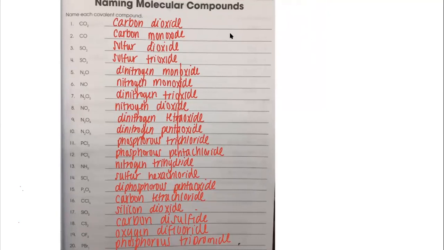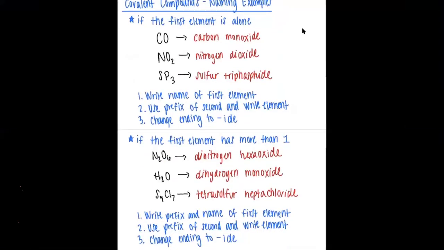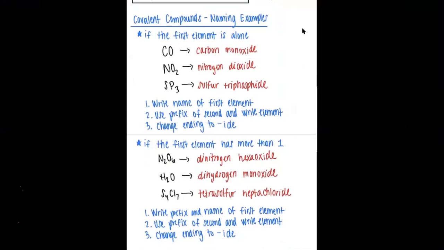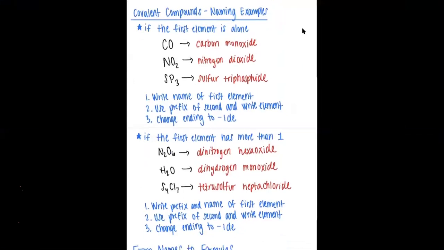Now, I got a question in the chat and it says, when do you put mono? Okay. So if I take us back to our notes here, we have two rules. If the first element is alone, and if the first element has a subscript or there's more than one of them. So again, if that first element is alone, you do not put mono as a prefix.